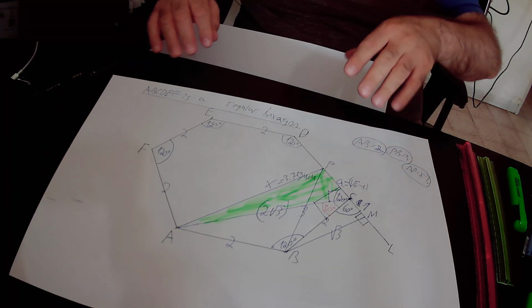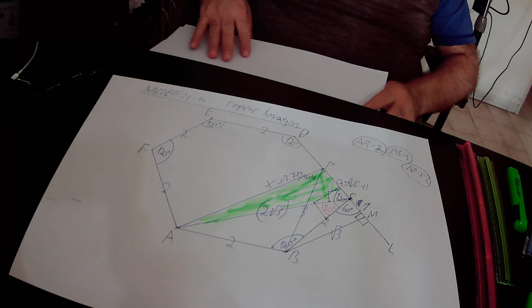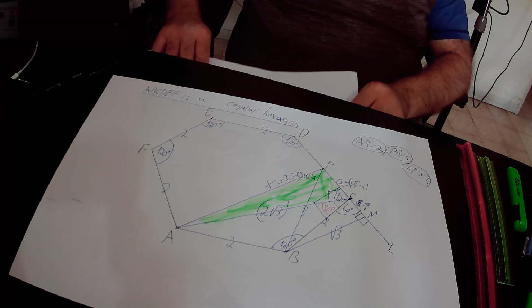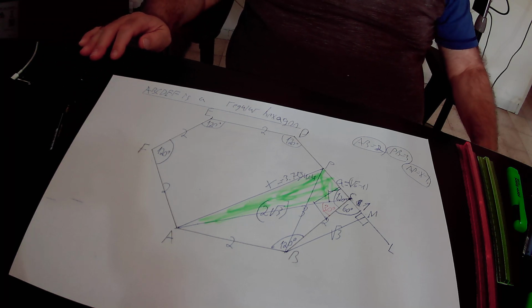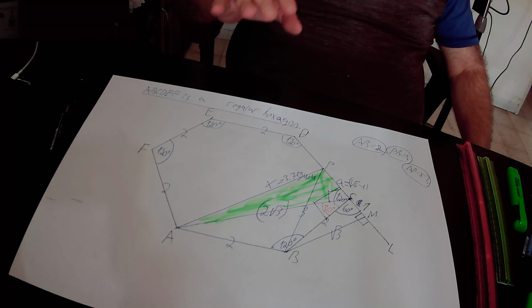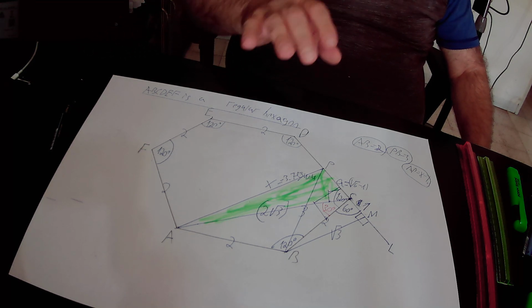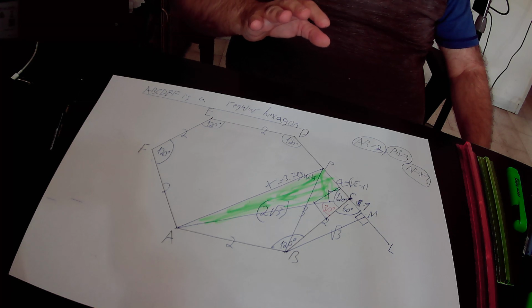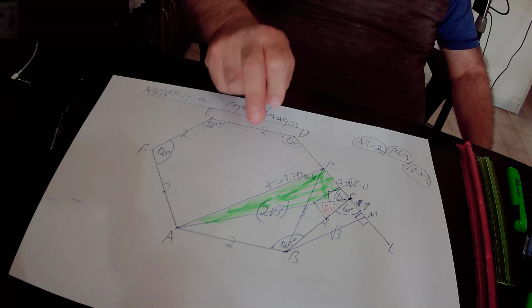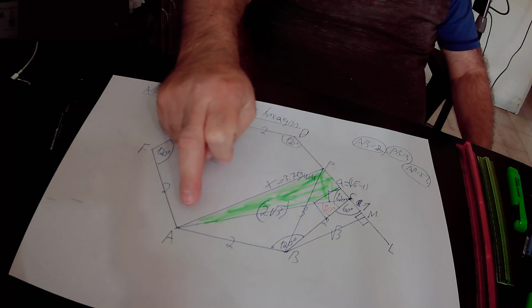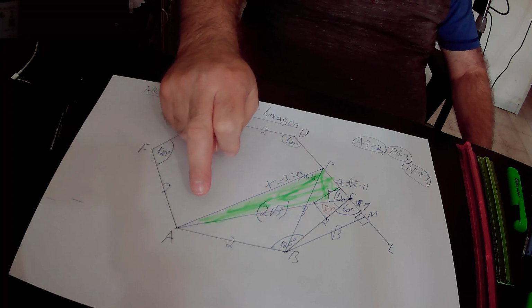In the drawing, we have a regular hexagon. Repeat again that a regular hexagon is a polygon with 6 equal sides and 6 equal angles. In this regular hexagon ABCDEF we know that one side equals 2 units.